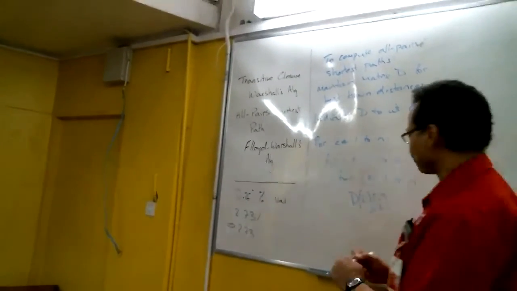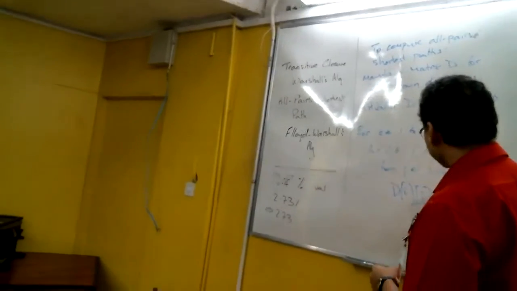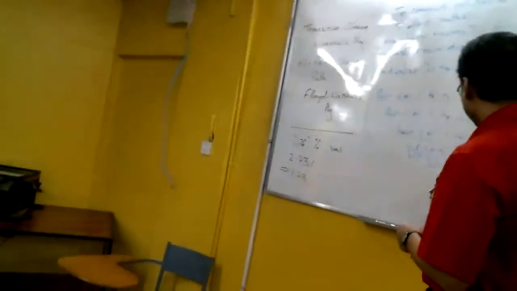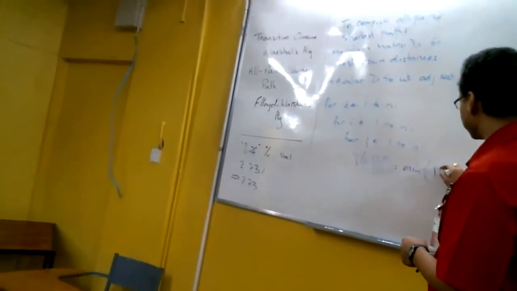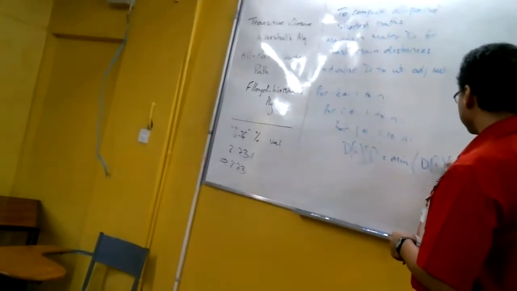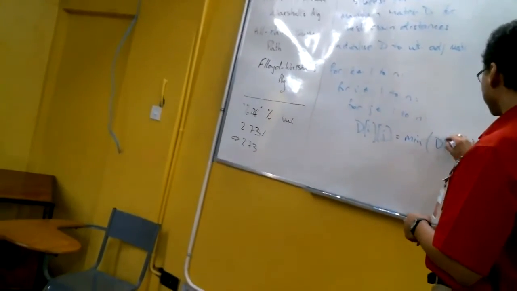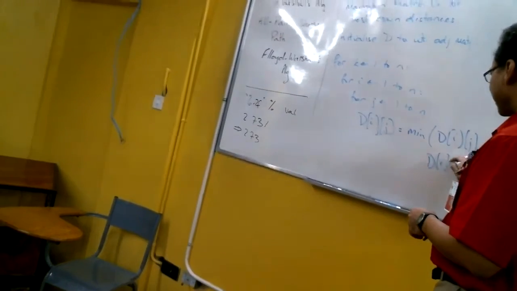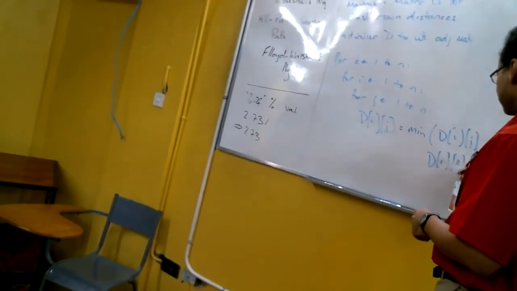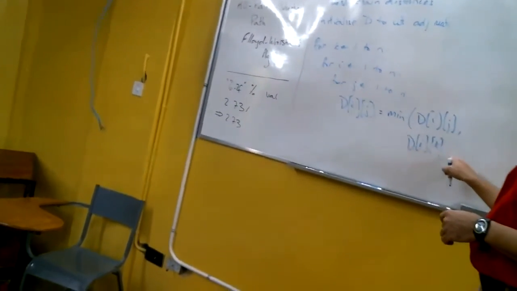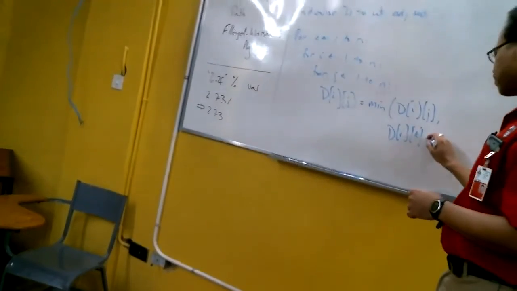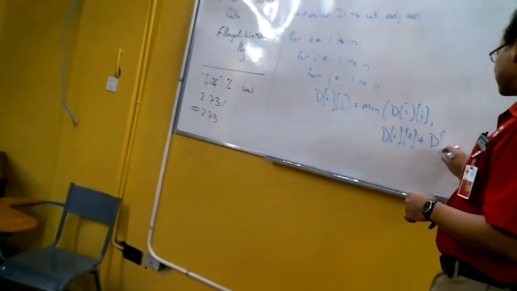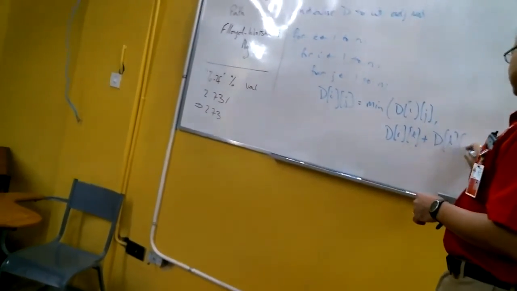So either it is what it is already, or it could be shorter if you went via k. That makes sense? So it's going to be the min of what it is now, D[i][j], or the distance from I to k plus the distance from k to j.